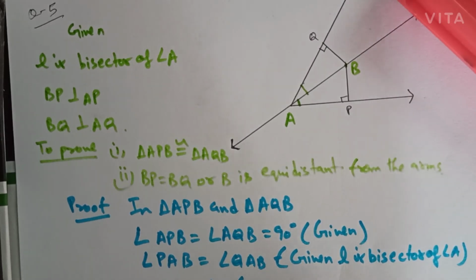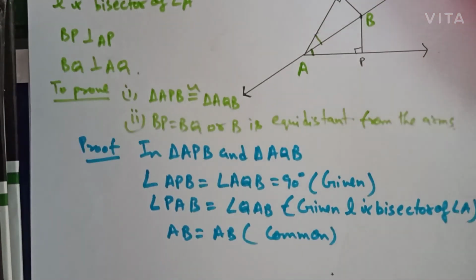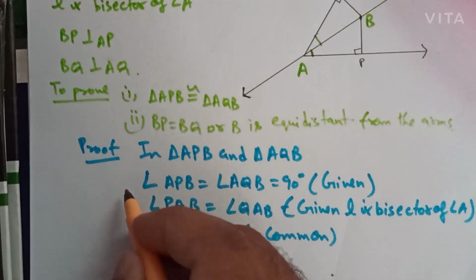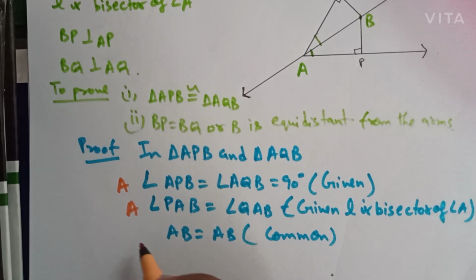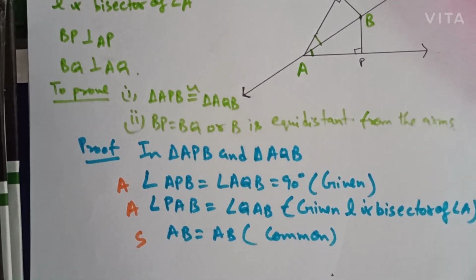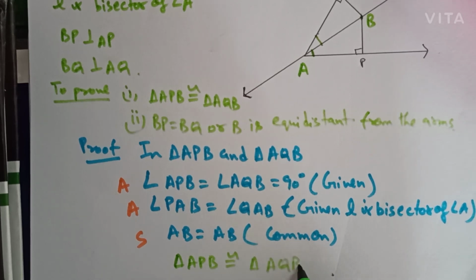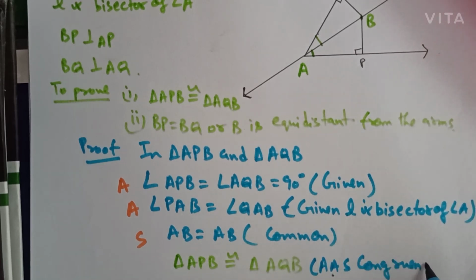This is the common side, so we can say that by angle angle side congruence, triangle APB is congruent with triangle AQB. So we have proved the first part.